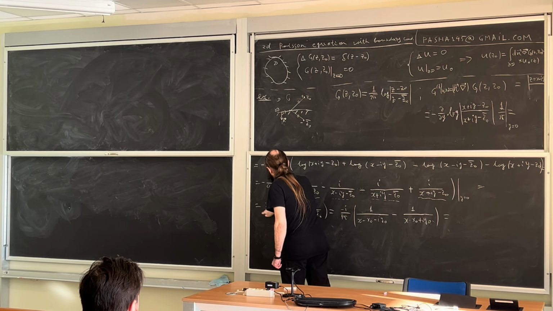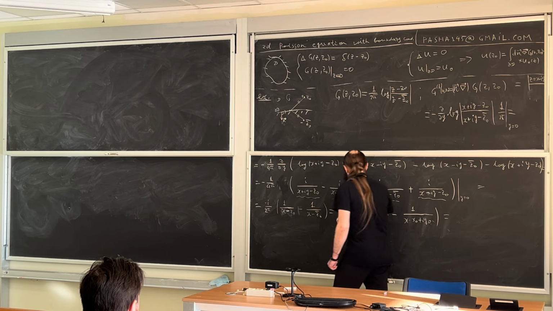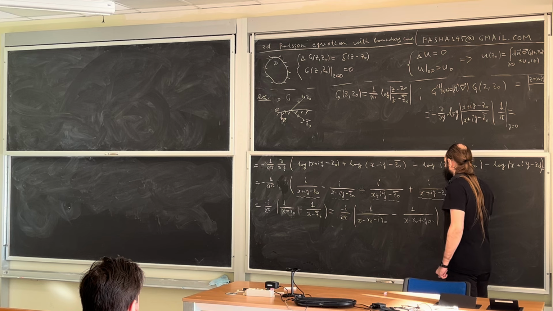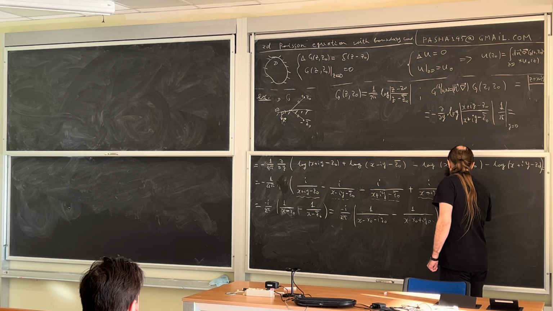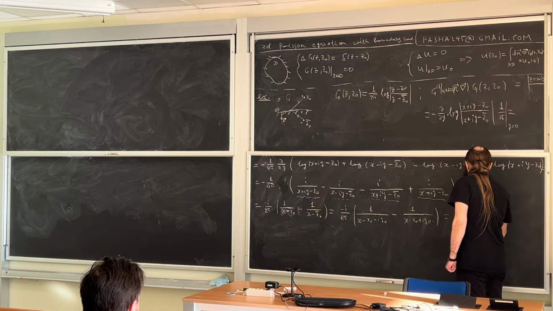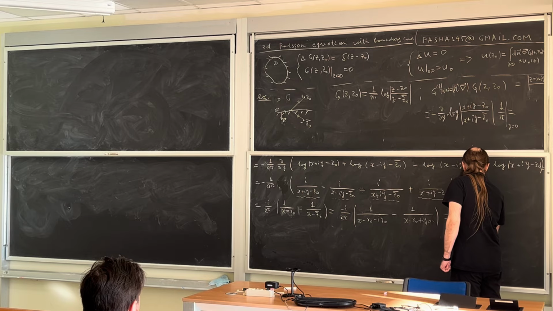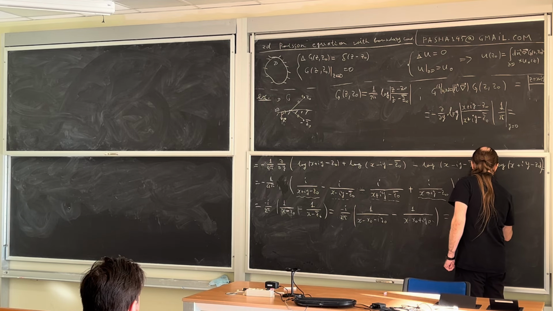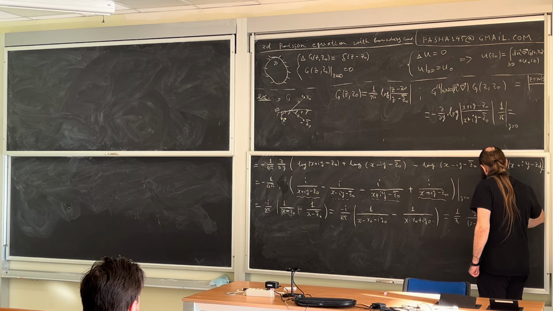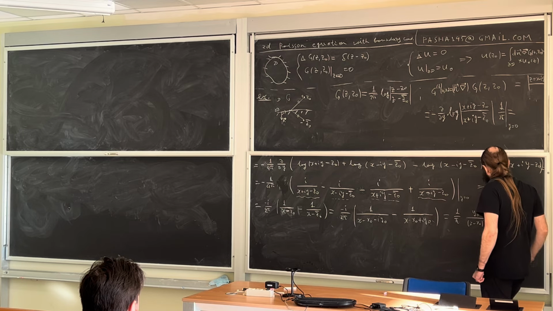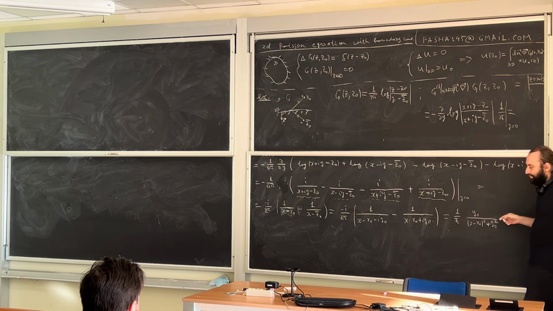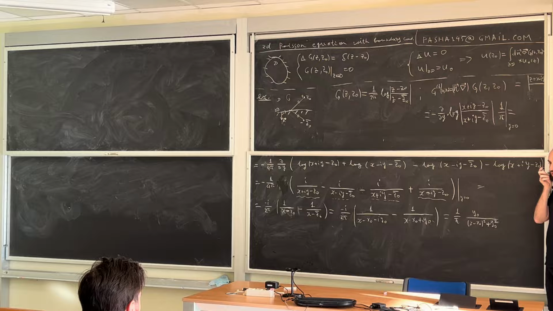Sorry, 4 pi turns into 2 pi because they were identical terms. So it turns into 1 over pi times y0 over (x minus x0) squared plus y0 squared. So do you recognize anything in this expression?